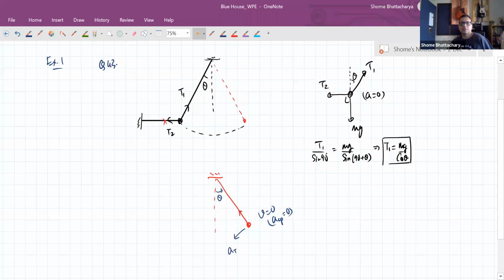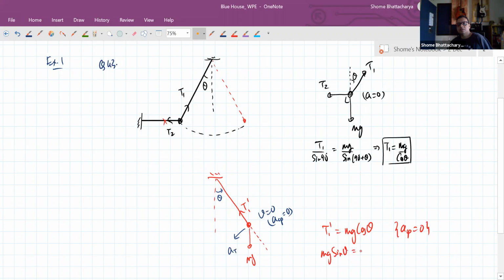So at this point of time, let's say the tension is T1 prime. That should act in such a way that the centripetal component is zero. So T1 prime balances mg cos theta. Why? Because centripetal acceleration is zero, whereas mg sin theta provides the tangential acceleration. Anyway, now you compare this and this. So from this you will get that the ratio of T1 by T1 prime is 1 by cos square theta.